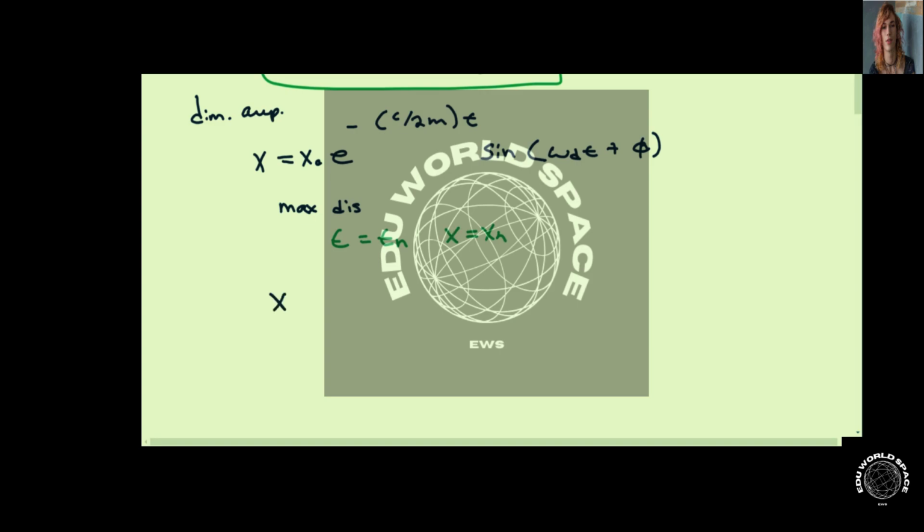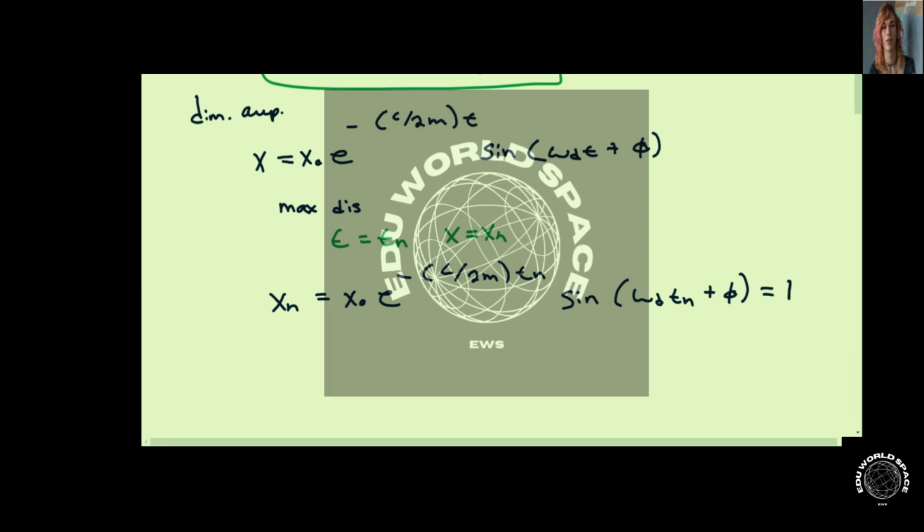Now we have xn equals x naught, because we're just replacing what we just wrote, and we have e to the minus c over 2m tn, sine wd tn plus phi equals 1.